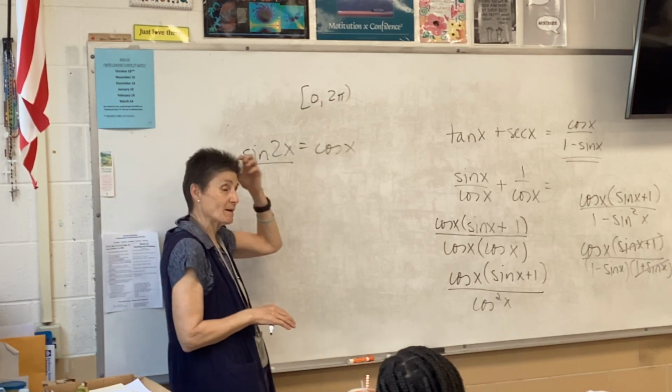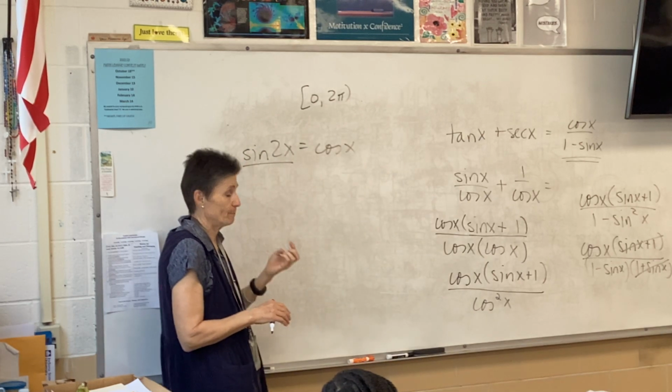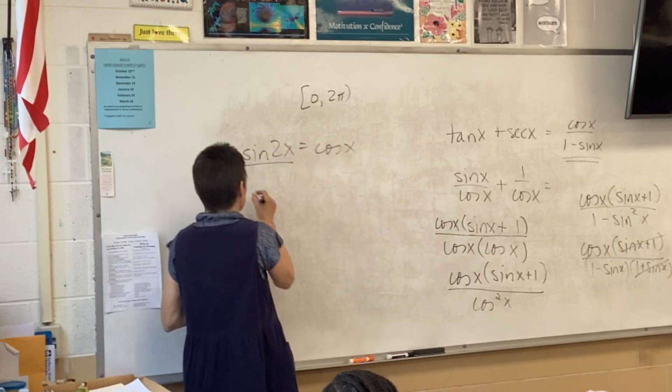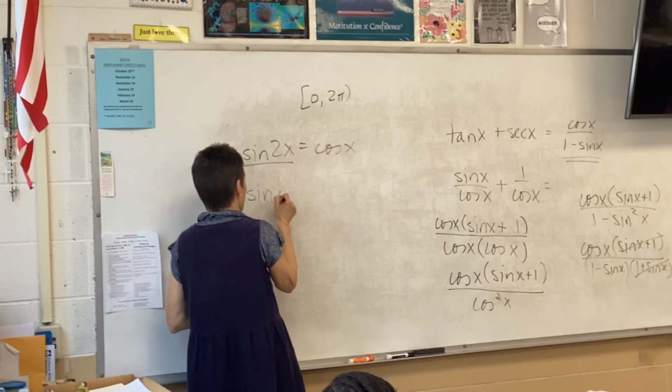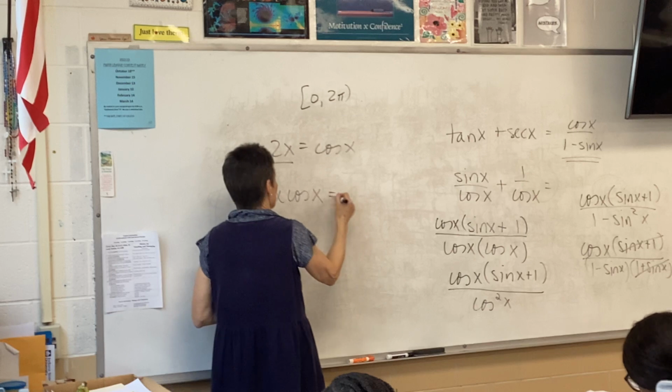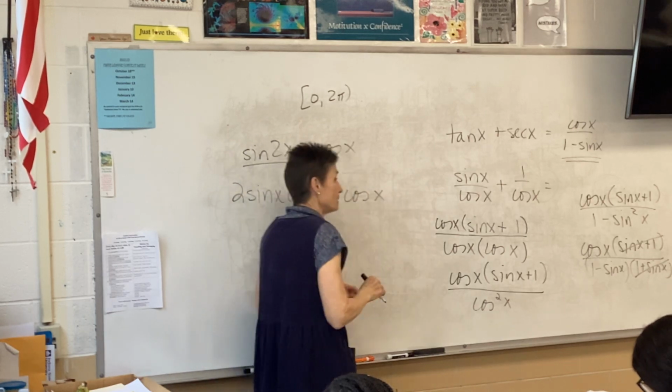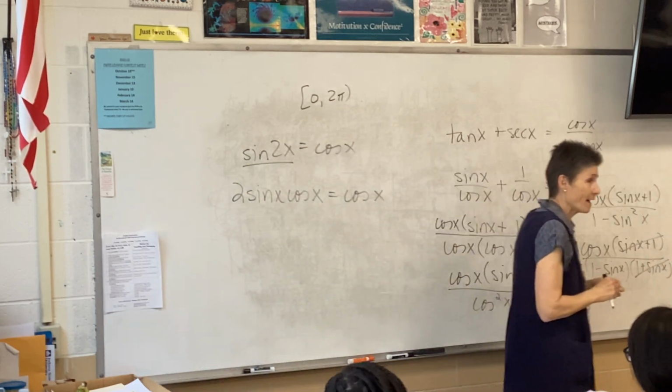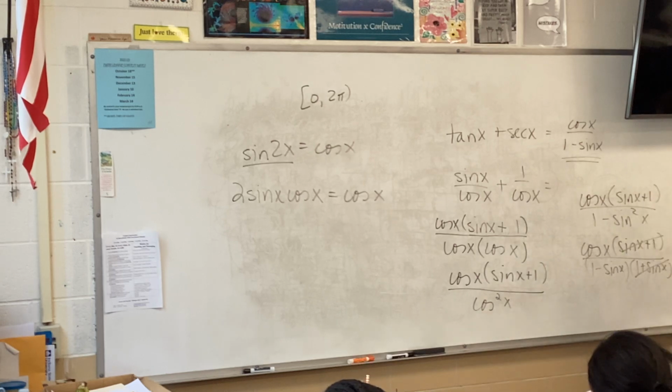So what do we know about sine 2x? It's on your sheet. It's 2 sine cosine. So step 1, if you have a 2x in your problem, you want to get rid of that so that it's all x's now. All right, now what? I know we've done this before. Now what?